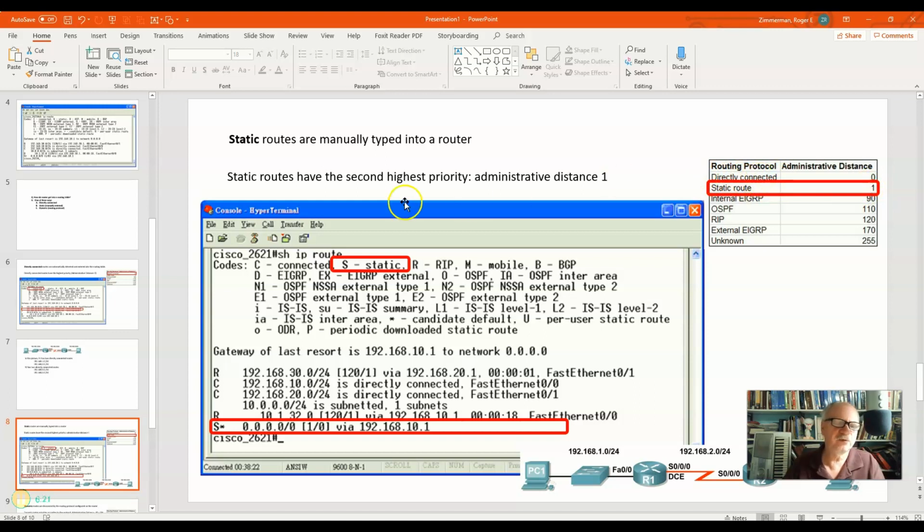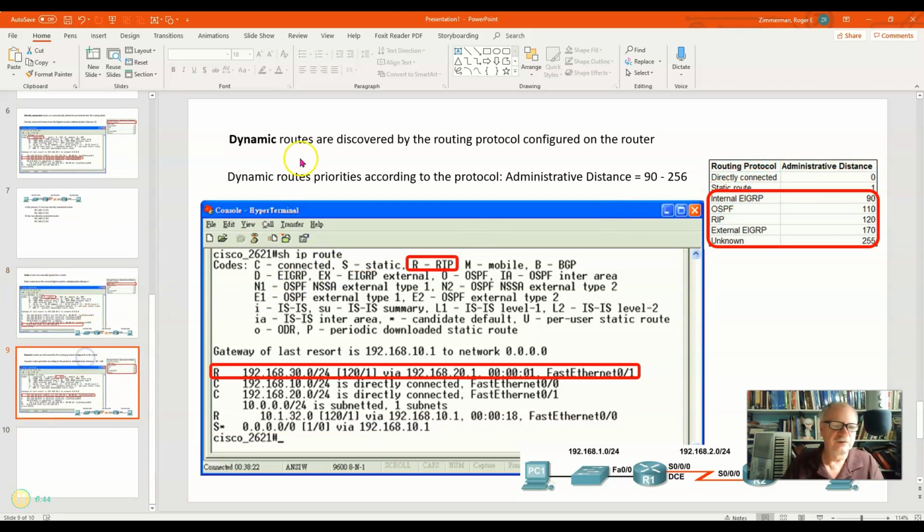The router almost believes it, but after all, the router says, that was a human that typed it in, and I don't trust humans nearly as much as I trust myself. So it's almost an administrative distance of 0, but not quite. It would believe a route that was directly connected over one that was typed in.